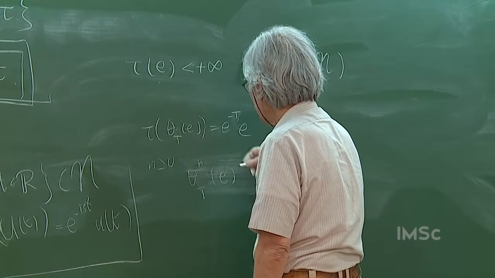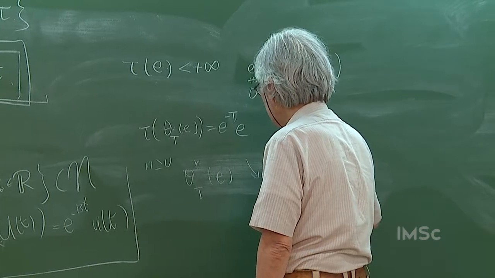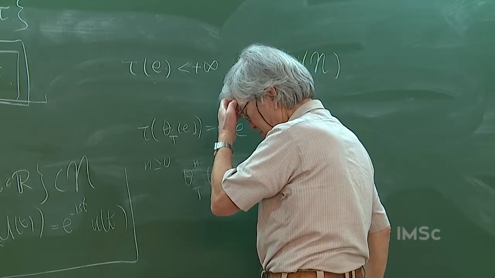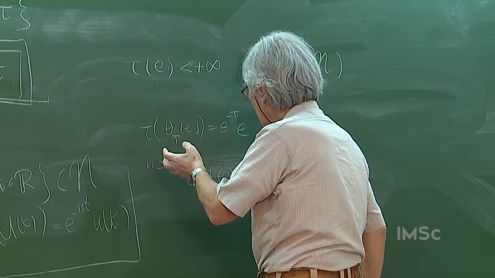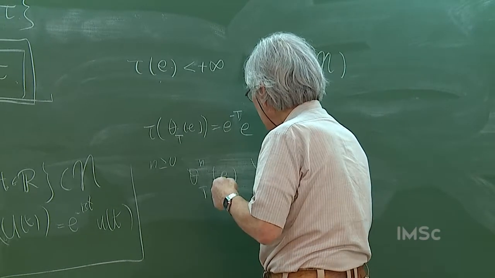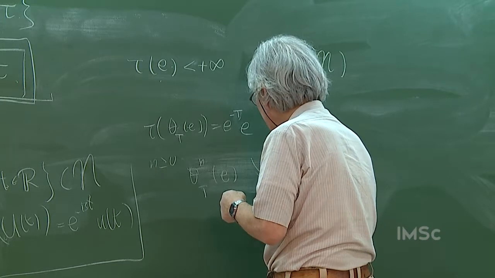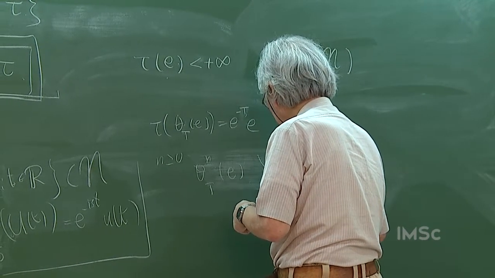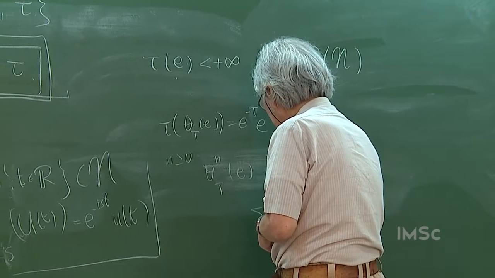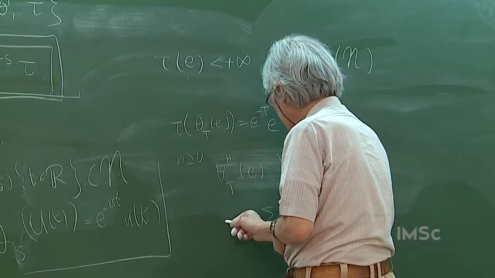Then this goes down, of course, goes down to 0. And what you do? Then you sum up this theta_t of e.